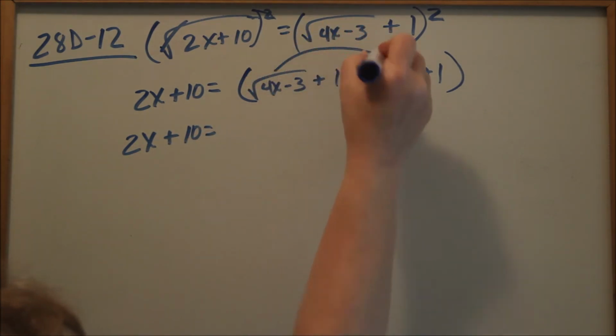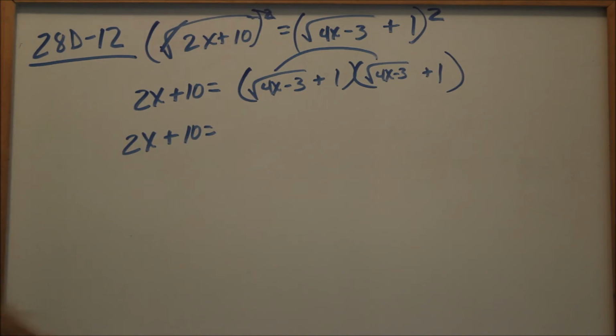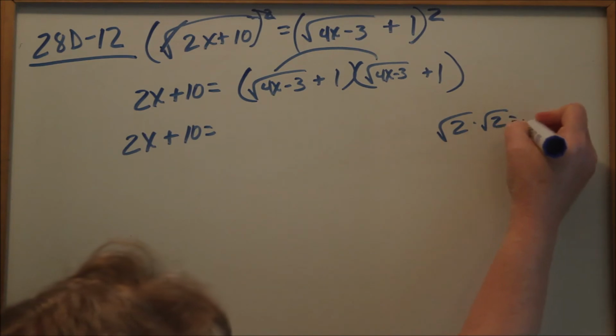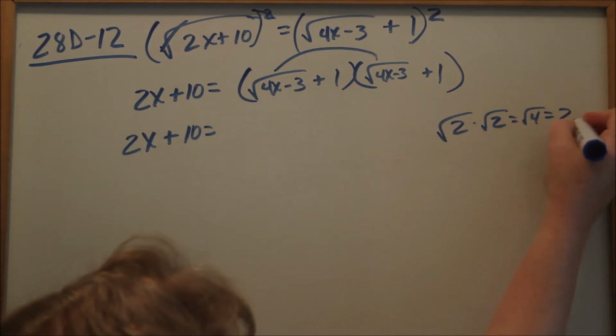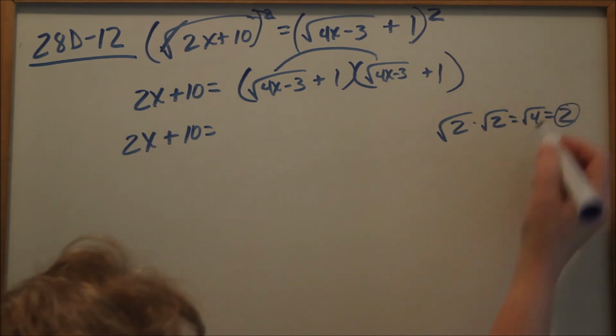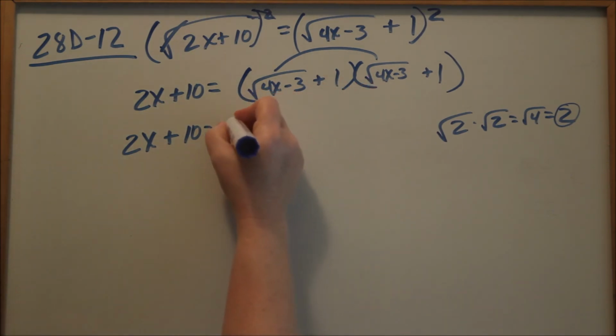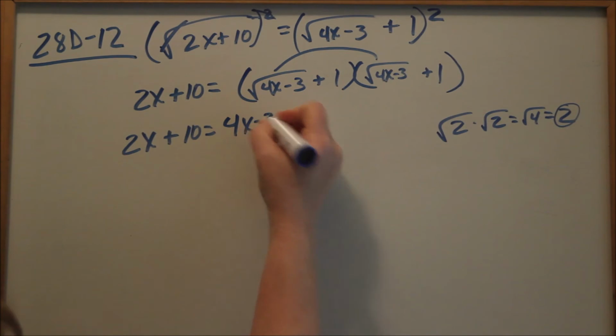This times this. The square root of that times the square root of that. When you multiply the square root of something times the square root of something, the square roots cancel each other out. Like the square root of 2 times square root of 2 is square root of 4, which is just 2. You end up with just what's under the radical. So the square root of this times the square root of this will end up being just 4x minus 3.